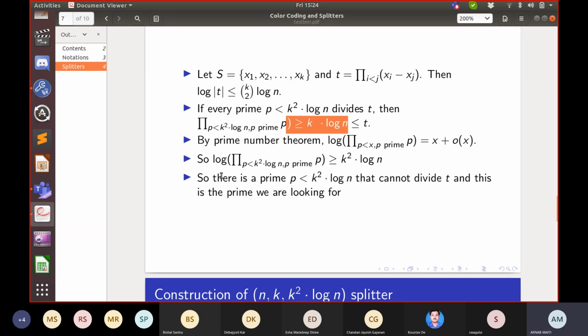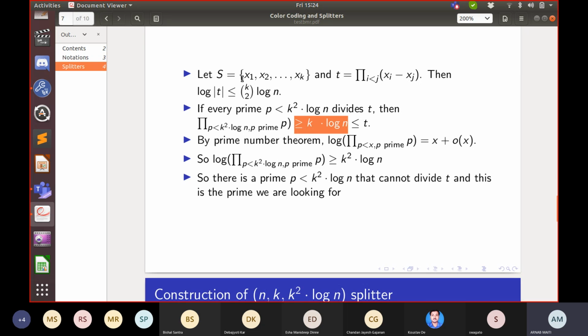So it means that there is a prime p less than k² log n which cannot divide T. Because if every prime number divided T, the product would be less than or equal to mod T. But here we showed that the logarithm of the product is at least k² log n, and the logarithm of mod T, sorry, this should be mod T, is at most k choose 2 times log n.